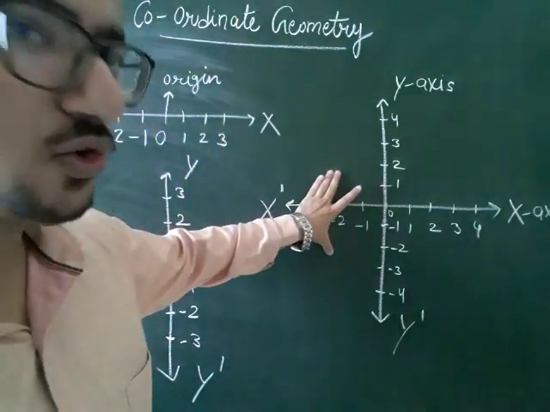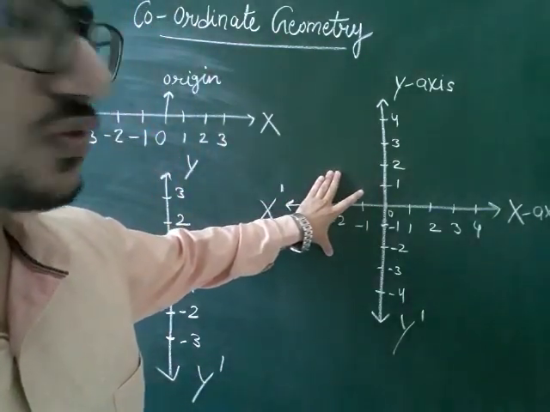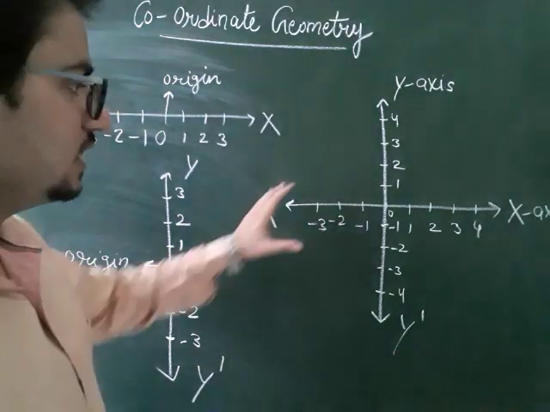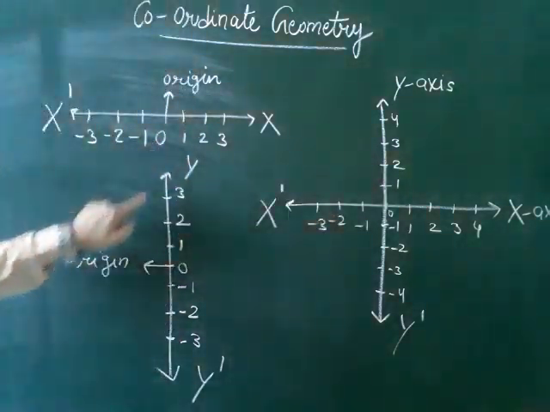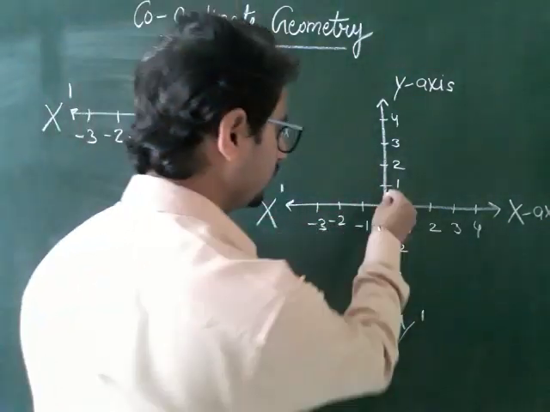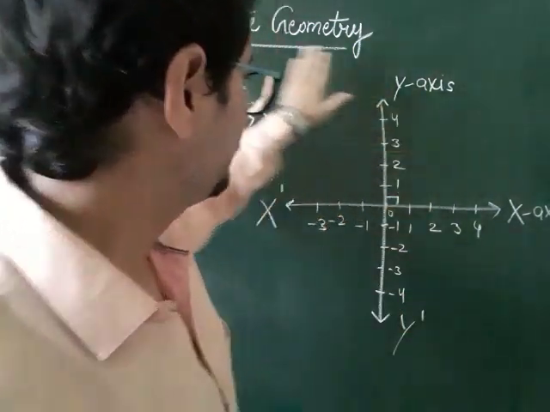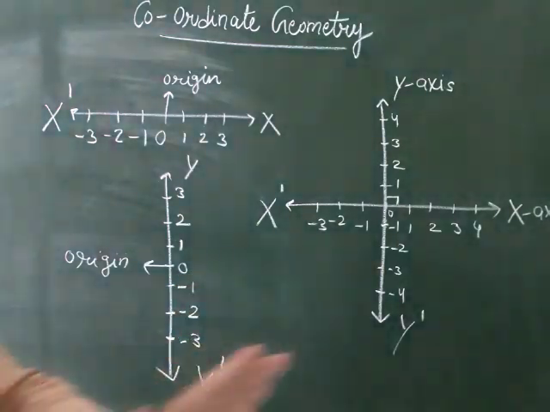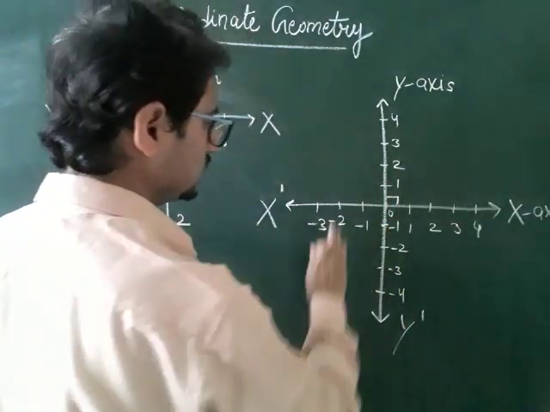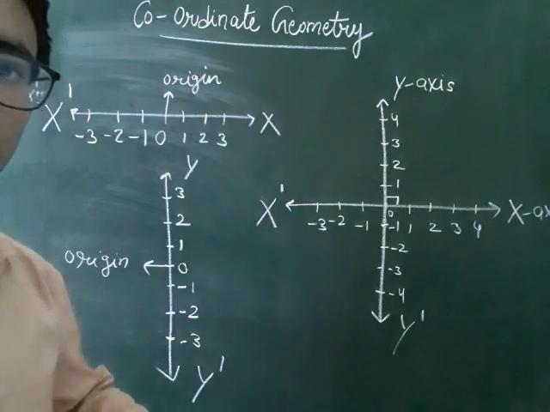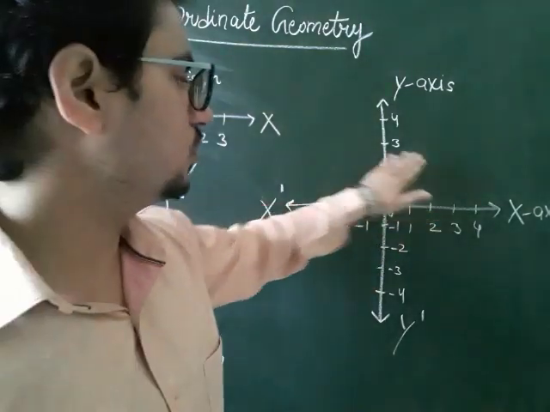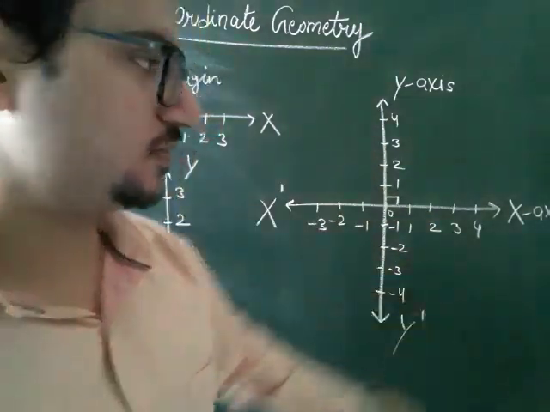So this is known as your coordinate plane or simply xy plane. When we intersect these two number lines at an angle of 90 degrees, then the plane is divided into 4 parts. 1 2 3 4. It has been divided into 4 parts, and these 4 parts are known as quadrants.